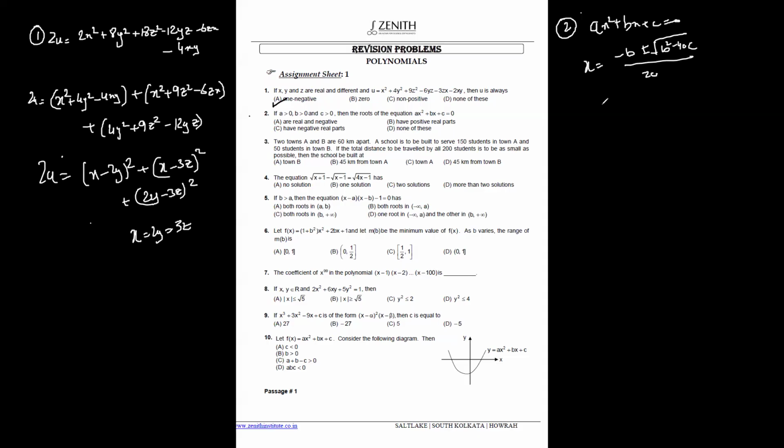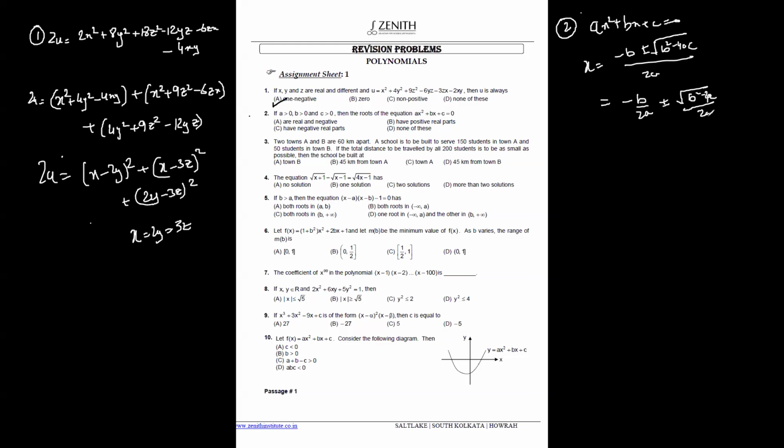Now in this equation, we can write it as minus b by 2a plus minus root over of b square minus 4ac by 2a.